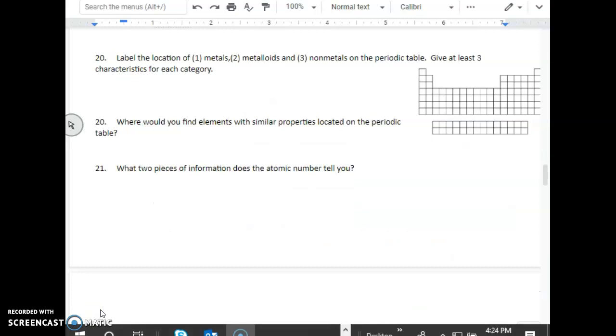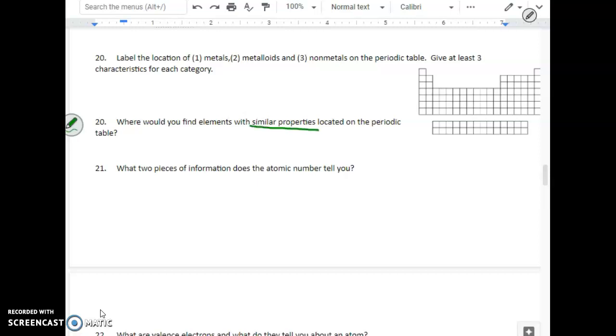Number 20, where would you find elements with similar properties located on the periodic table? So my big keyword right here is similar properties. So just like our families, we have similarities with our family members because we share the same DNA. And elements share similar properties with the people in their families, and families is just another name for groups.